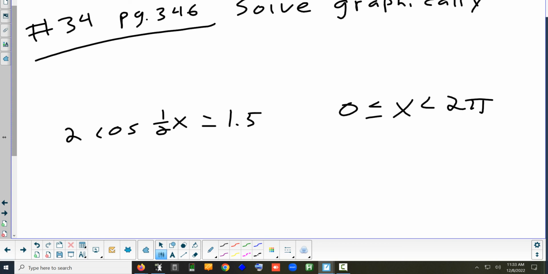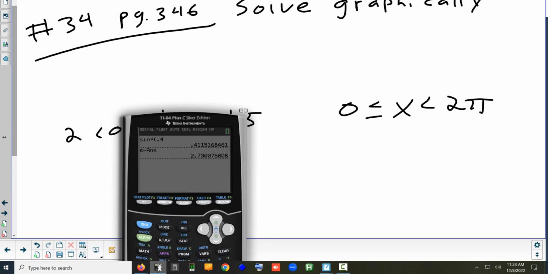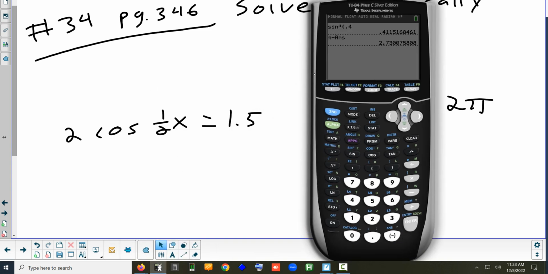That's not going to work. Okay, so what are we going to put in y1 this time? The 2 cosine 1/2 x. Yep. So 2 cosine 1/2 x, and then in y2, 1.5.